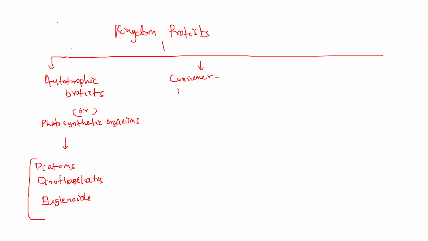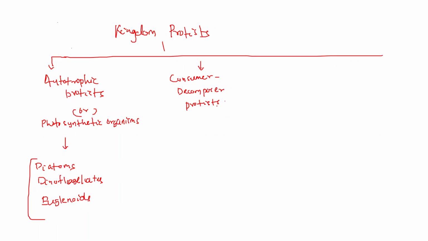Consumer decomposer protists. Consumer means, when an animal eats plants, or when we eat plants directly, we are known as consumers.